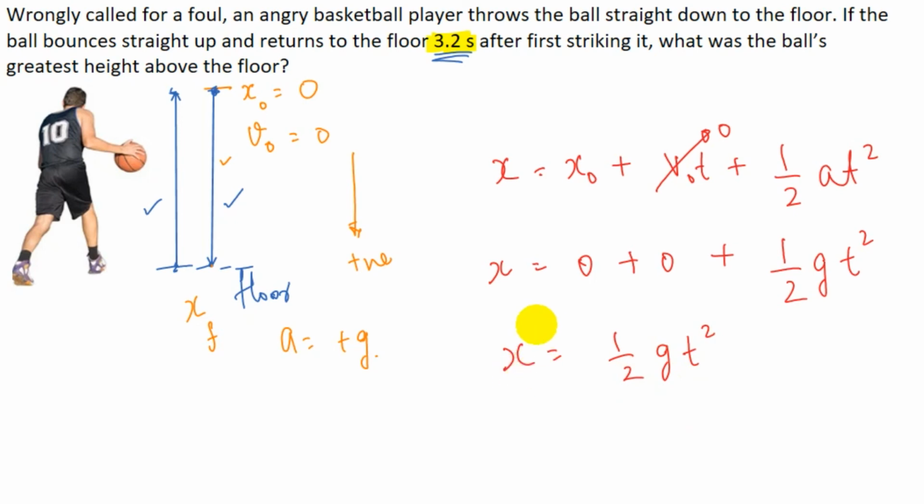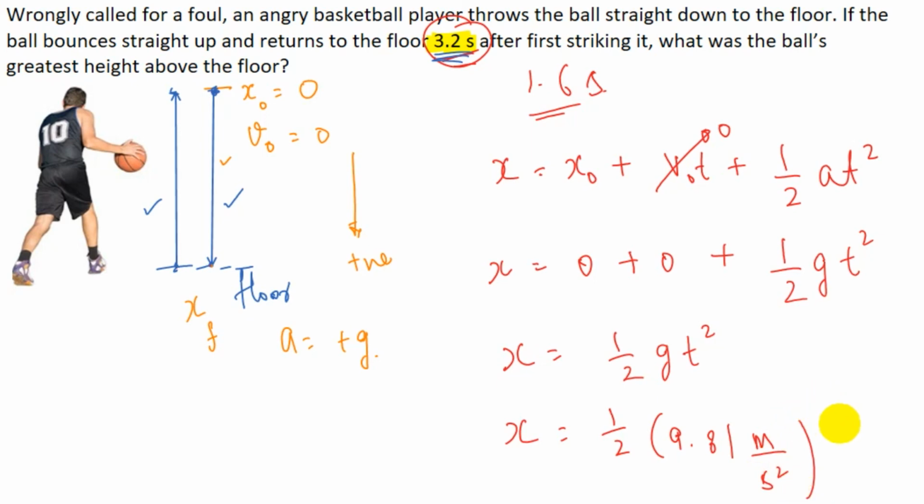Now we have to calculate the position when time is half of this value, because the time taken by the ball from this point to this point would be half of this, because the total time from this point and then back to this point is 3.2, so half the time would be 1.6 seconds only. Now we can put the values, so x is equal to 1 over 2, g is 9.81 meter per second squared, times t is 1.6 and it's squared.